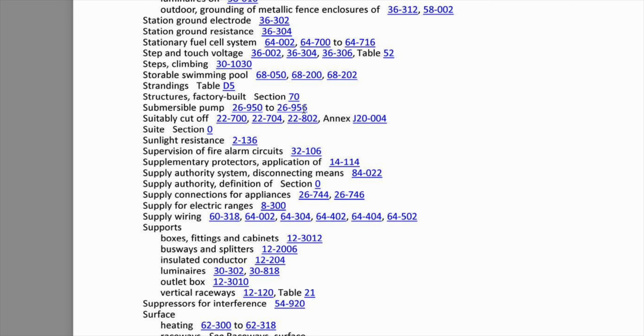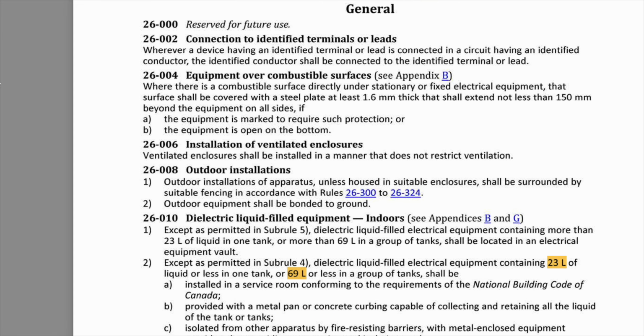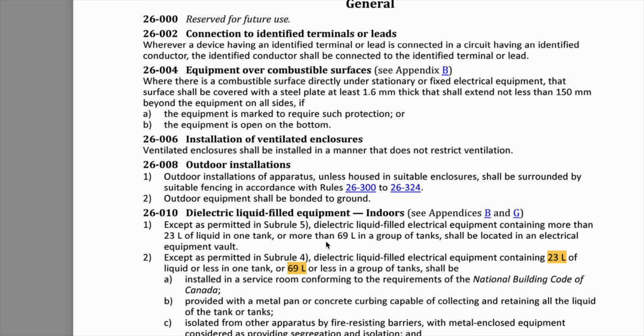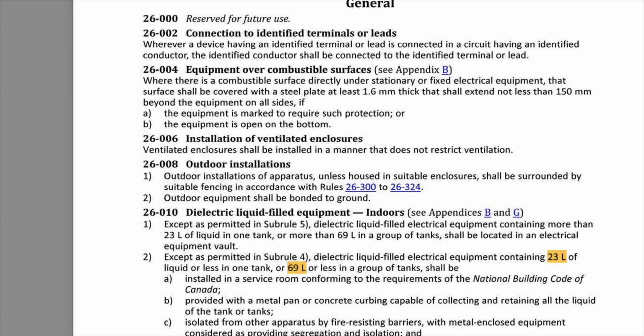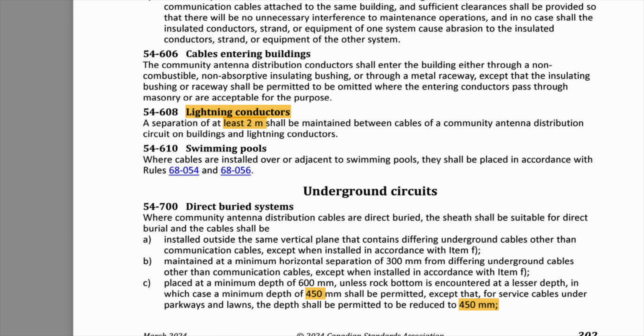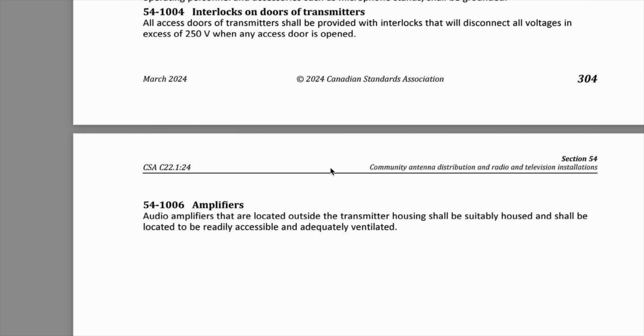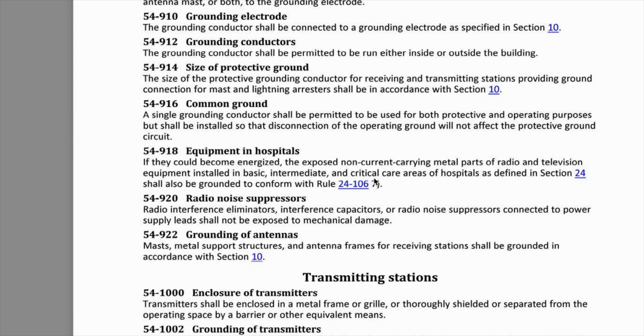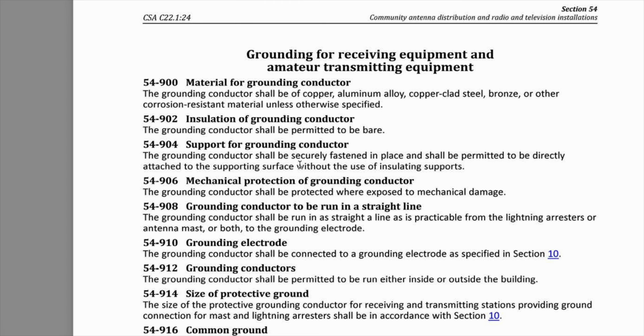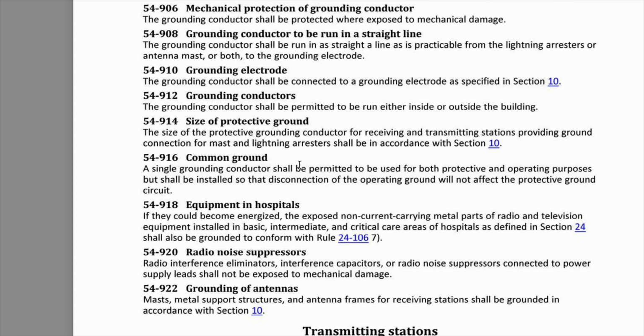Okay, here, 26-956 is the rule for submersible pumps. But it's kind of a waste of time. It's better to build your own index and your own context. You don't have enough time at the exam. It's difficult. You need to be fast.